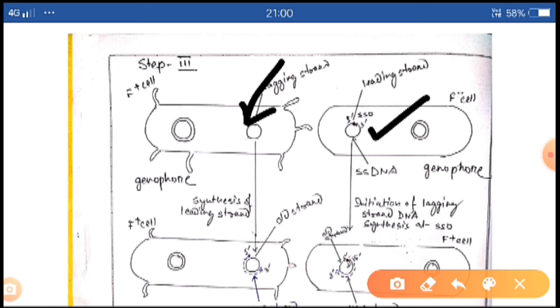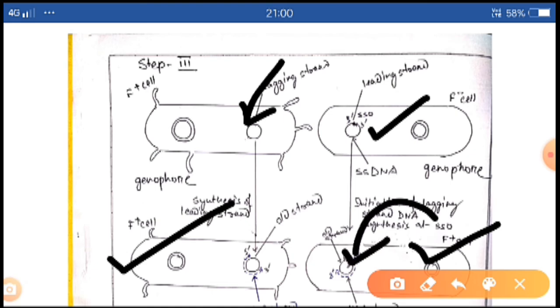Thus the F plus cell will regain its original condition and the F minus cell will be treated as an F plus cell because of the presence of this double stranded DNA ring. Okay, and we have seen that this was from the F plus cell by means of the conjugation process.